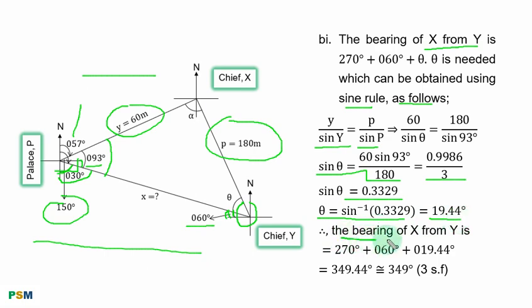Therefore, the bearing of S from Y is 270 degrees plus 60 degrees plus 19.44 degrees. That is 349.44 degrees. To 3SF, you have 349 degrees.